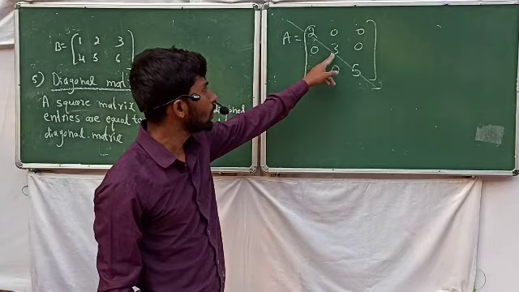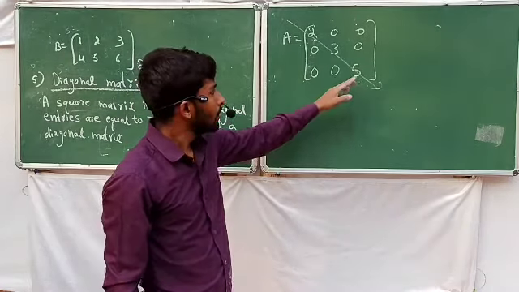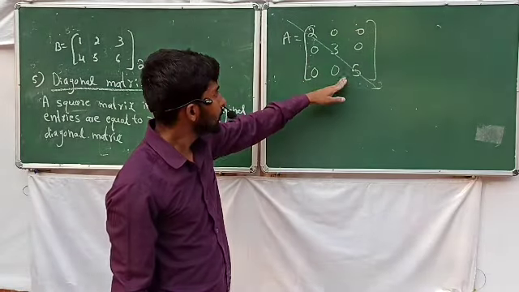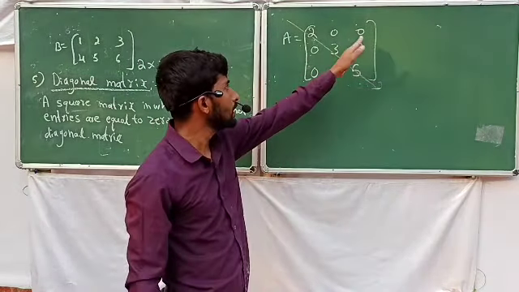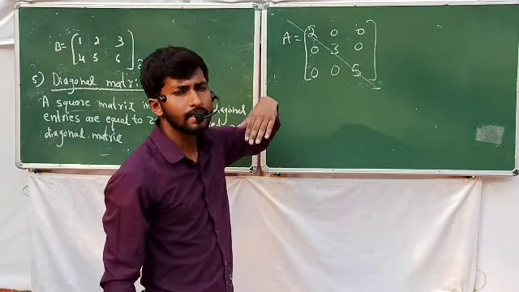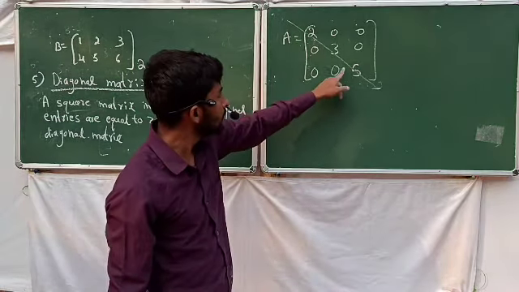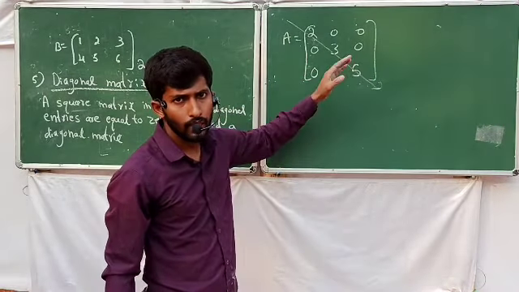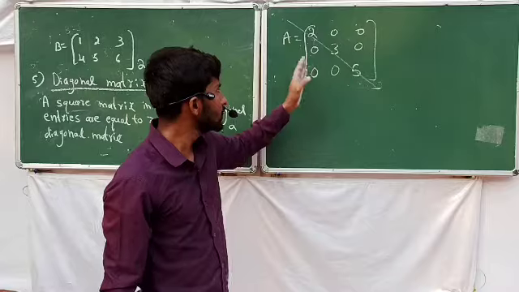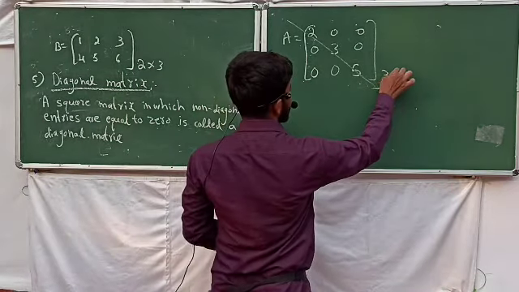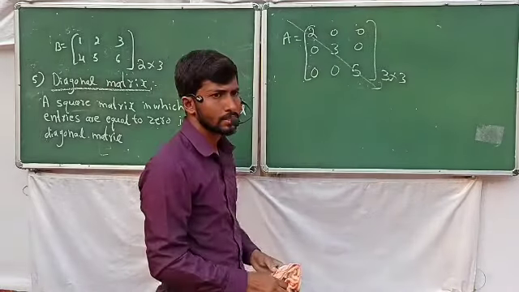The diagonal entries are 2, 3, 5. In a square matrix, the entries other than the diagonal entries, which we call non-diagonal, are equal to 0. Here the diagonal entries are there, and other than the diagonal, the entries are equal to 0. We call such type of matrices a diagonal matrix. What's the order of this matrix? Order is equal to 3 by 3, or order is equal to 3.